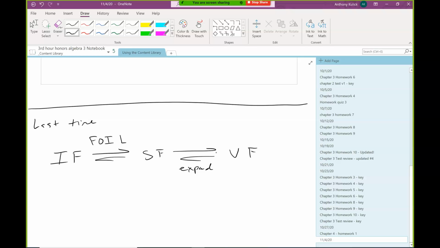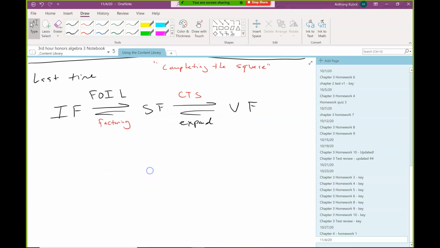Agreed? Today we're going to focus on the other two. So the other two paths are factoring and then completing the square. Those are the two topics we're going to do today, and we'll see where we're at after that point. Okay with that?